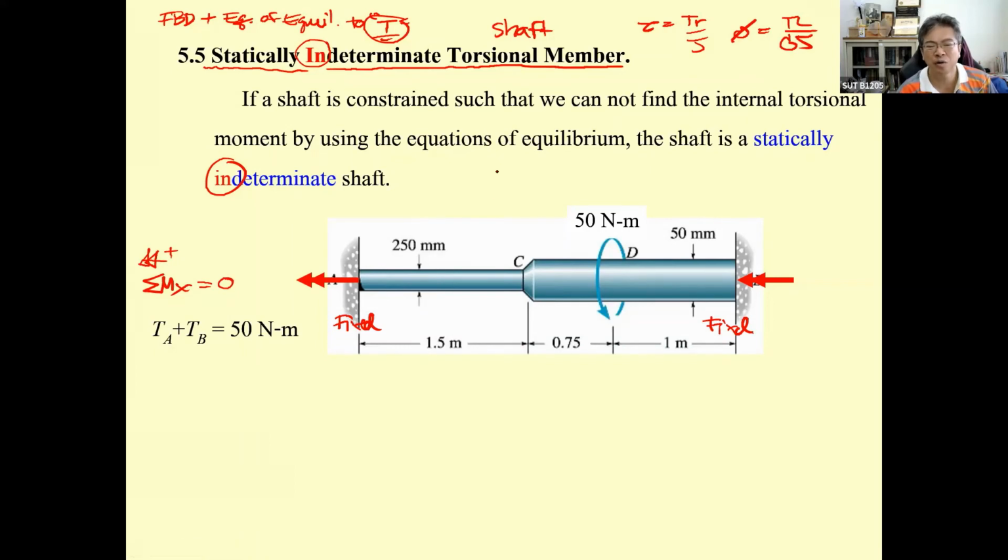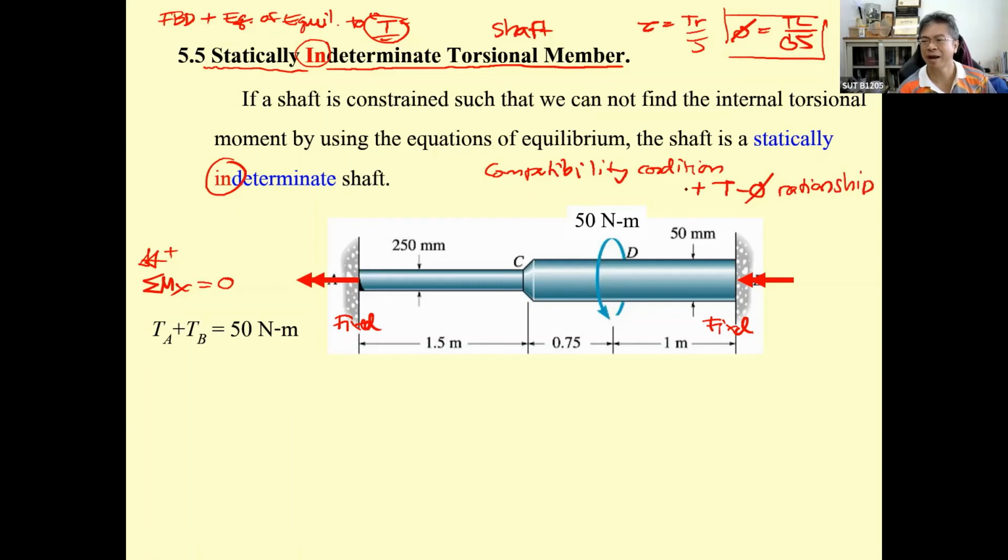So you are required to have the compatibility condition, and then you have to use this equation, the torsion and angle of twist relationship, to make another equation.